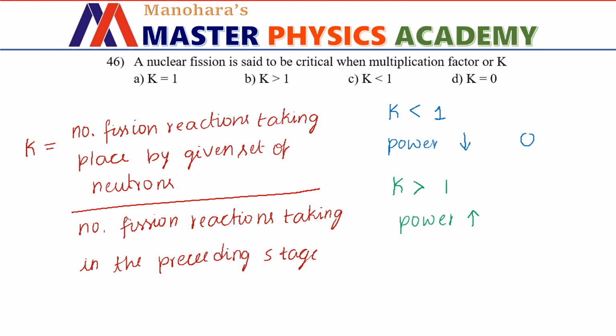But if k equals 1, the power generated by the nuclear reactor remains constant and we are getting a constant power output from it. So this is a good case. This is also called the critical case. Hence the option we should mark here is option A.